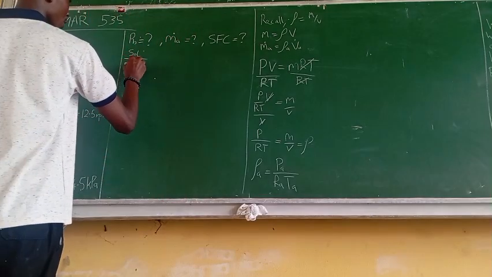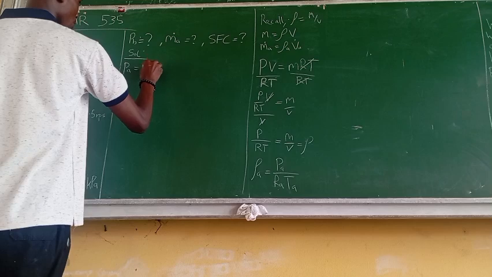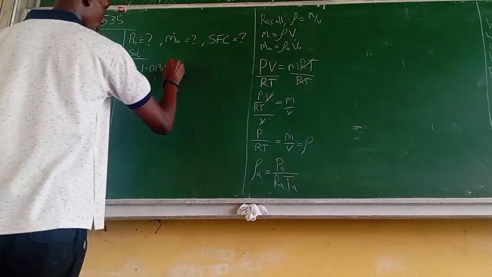In the question, it was given that the pressure of air is 1.013 bar.